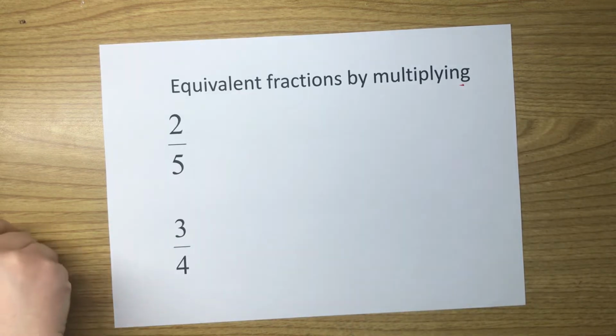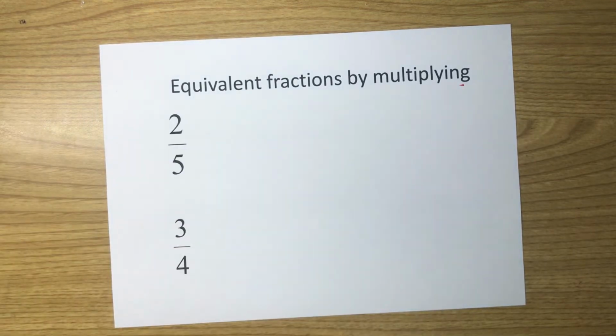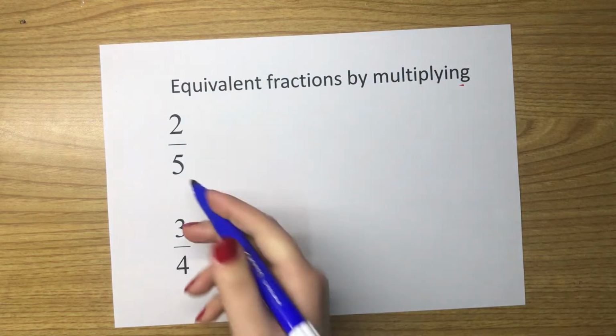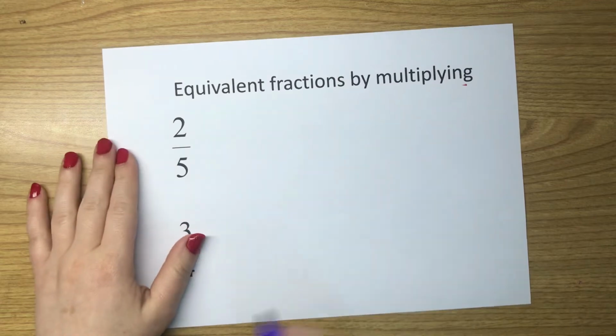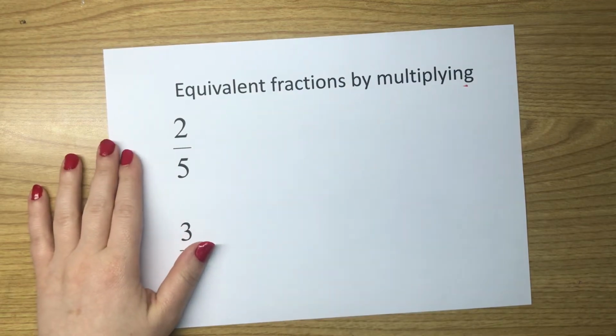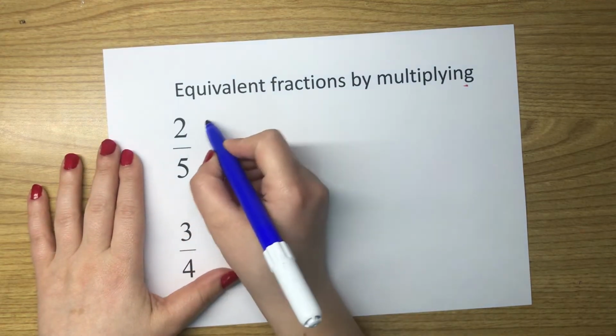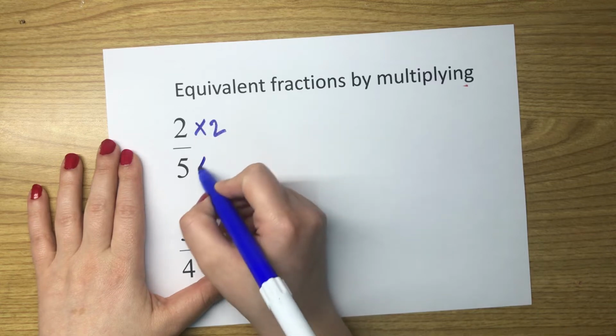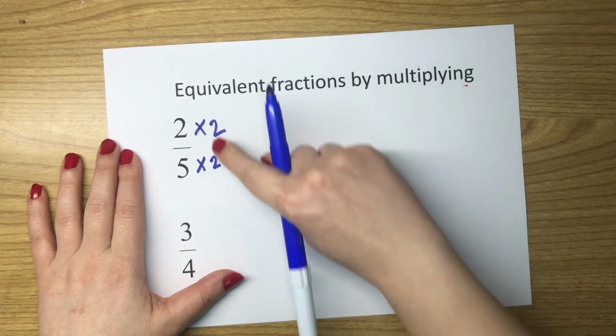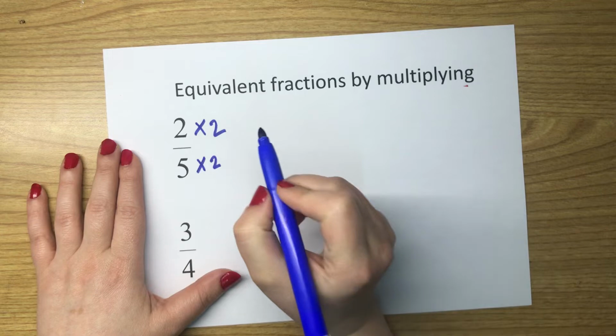Okay, so give me an equivalent fraction by multiplying. You pick the number or keep it in mind, because anyway I'm going to write my own. I want to multiply it by 2.